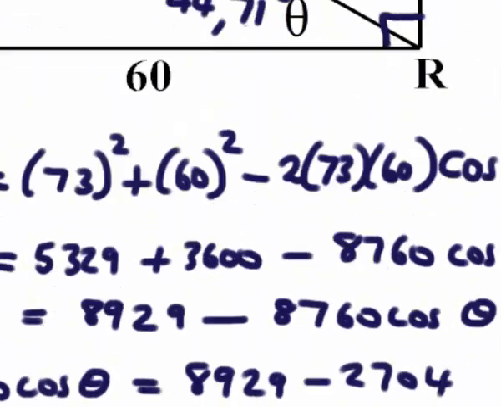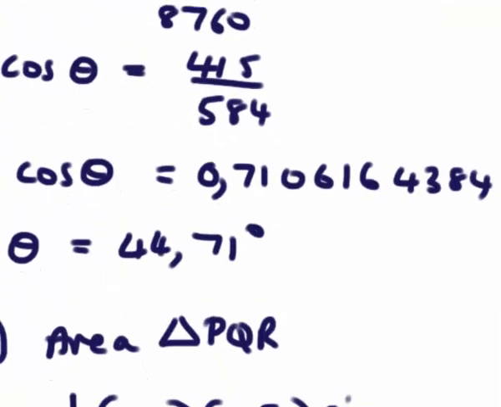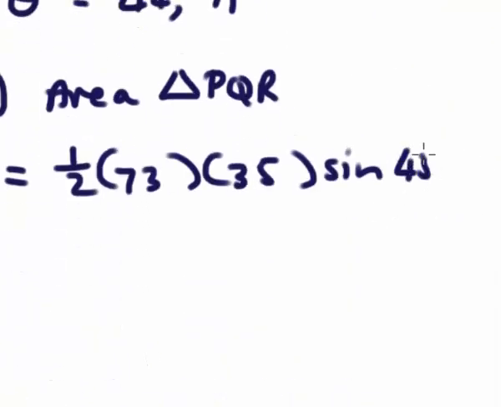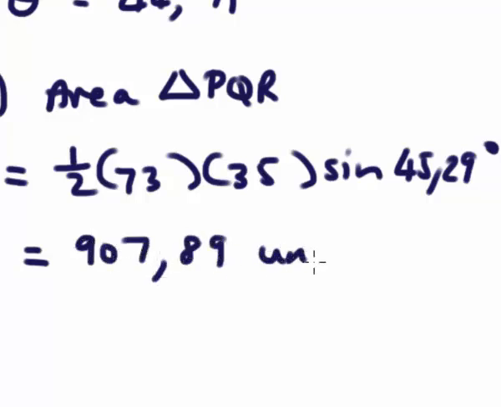That's what we worked out. Now simply let's do that in a calculator: half times 73 times 35 times sine 45.29. And then we'll go to 2 decimal places. So it's 907.89 squared units. Okay, great. And there we have it.